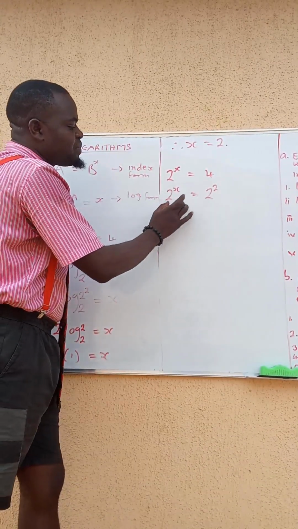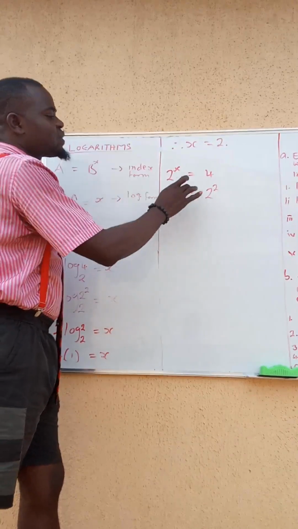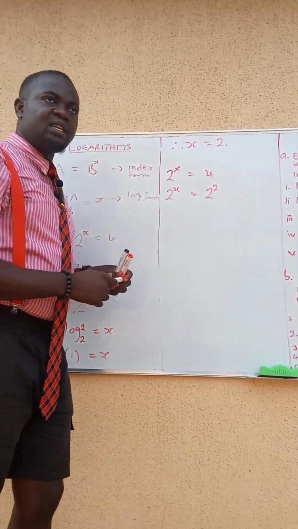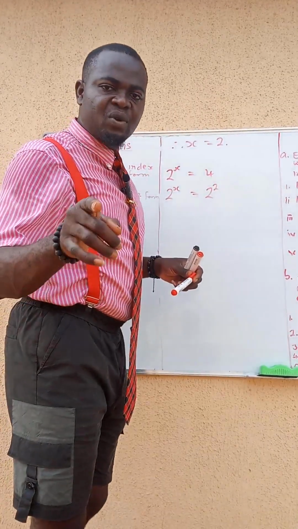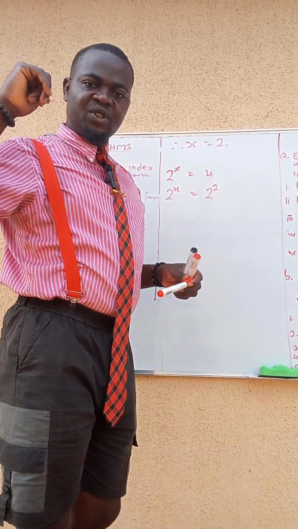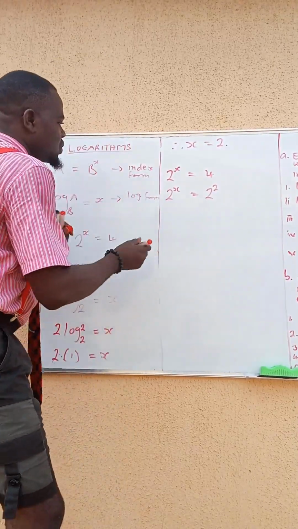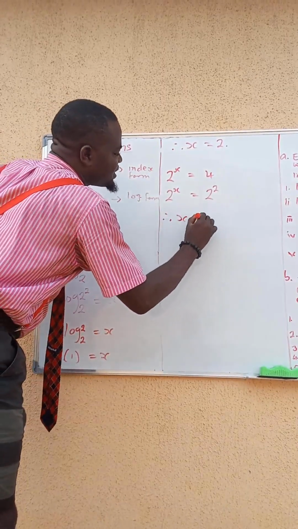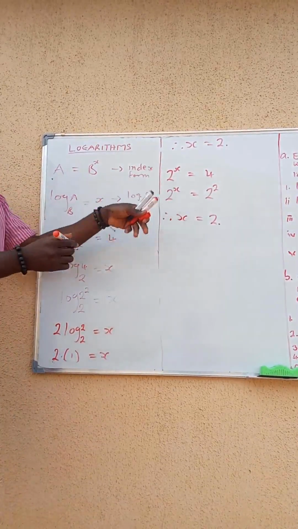Here, they're having the same base, 2 here, 2 here, so I can equate their powers. It's the 11th law I gave when we were solving indices. Go back to our indices video and learn from there. So, therefore, my x is equal to 2 using indices.